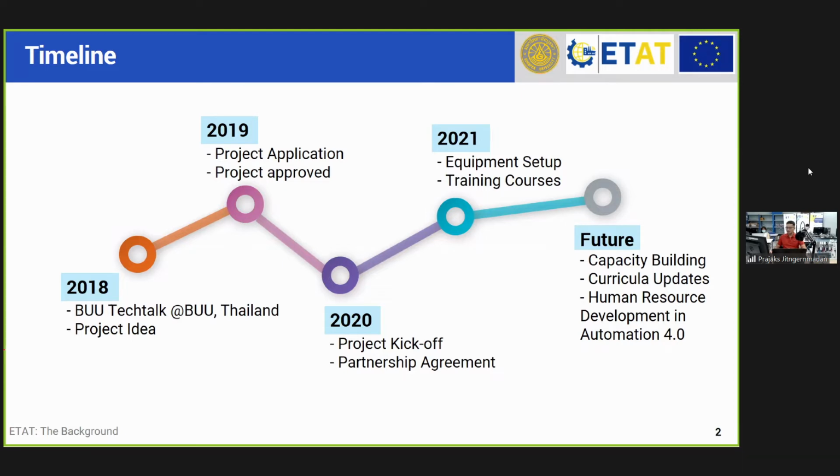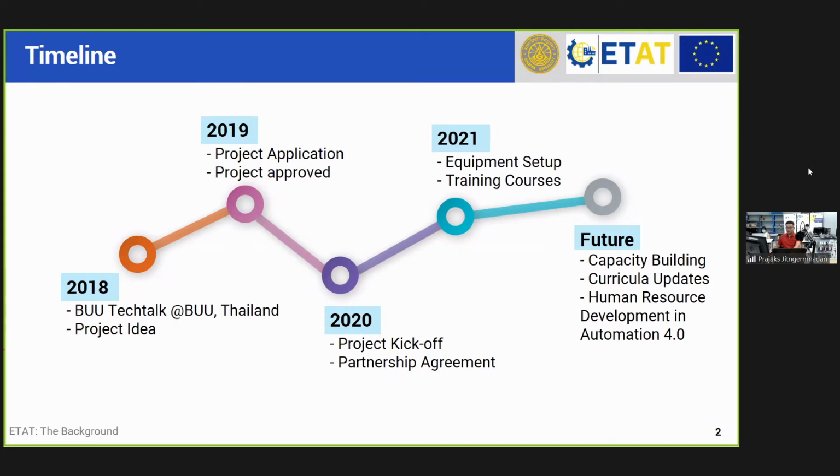And then, of course, the human resource development, especially in the field of automation 4.0, is our target, that we want to train them and equip them with the automation 4.0 knowledge, and therefore they can work in this industry 4.0 world, where we will have everything automated, from living into production and everything.